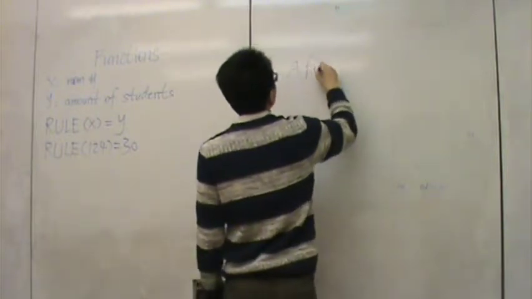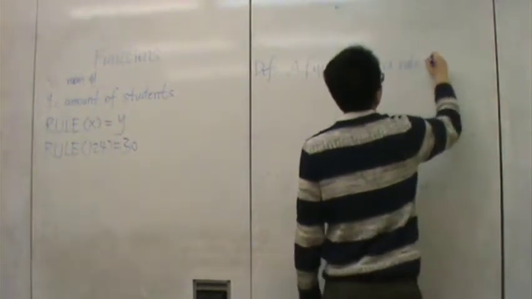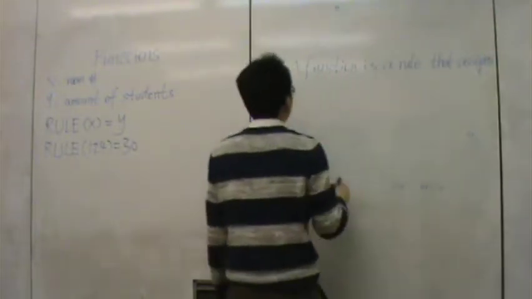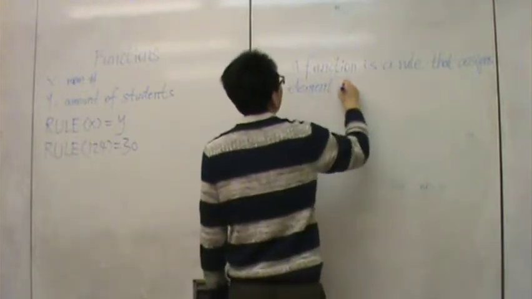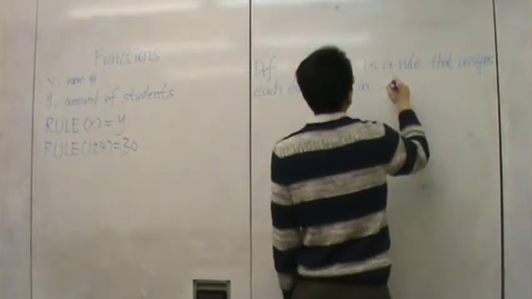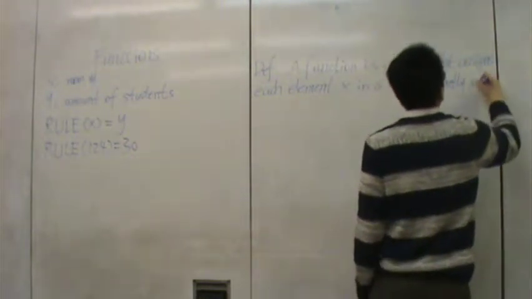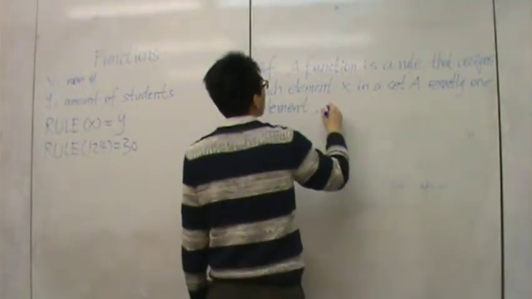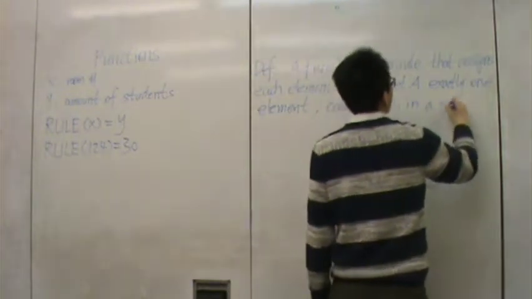A function is a rule that assigns each element x in a set A exactly one element called f of x in a set B.